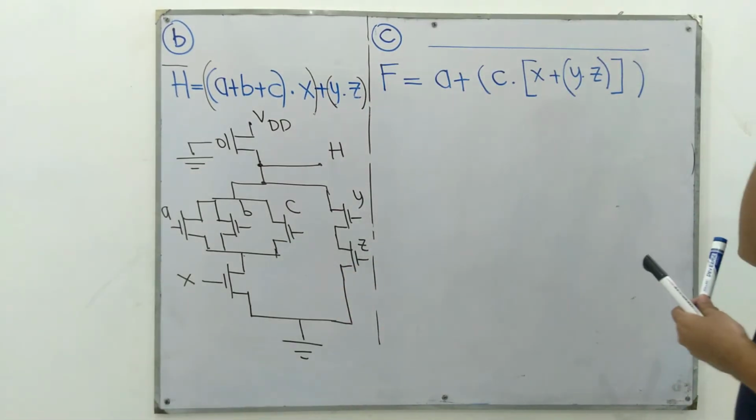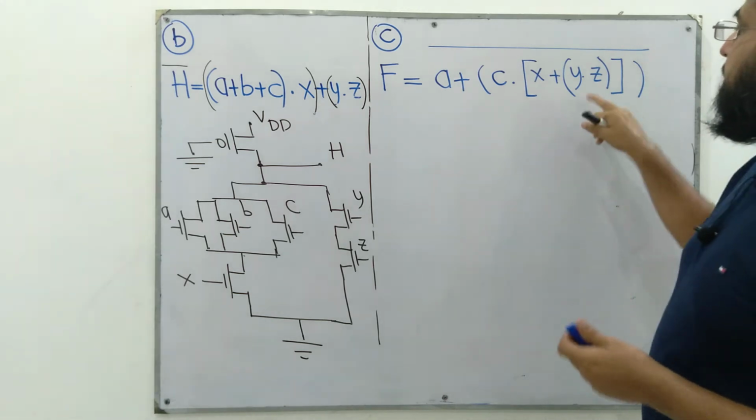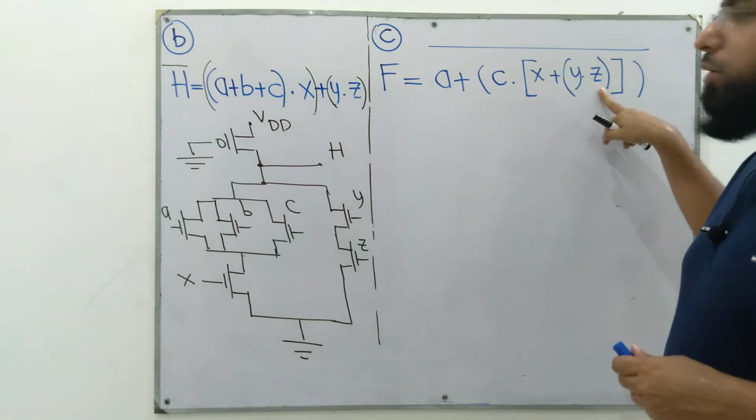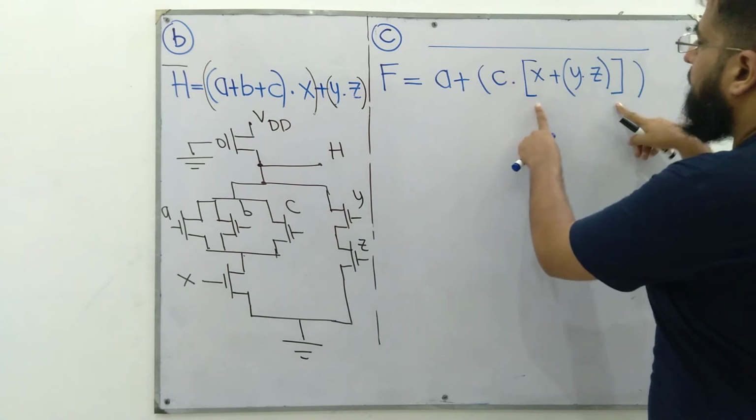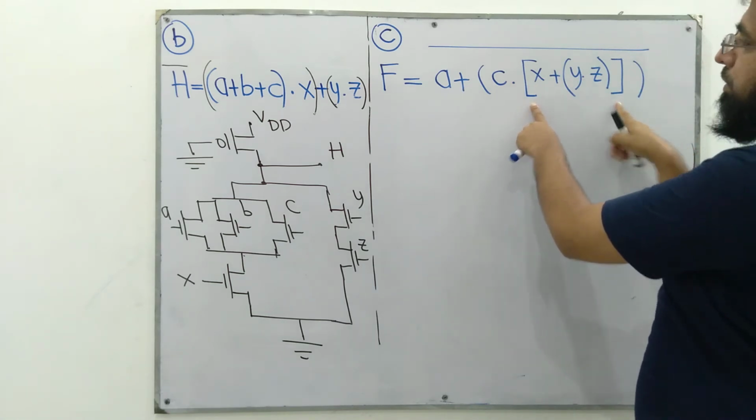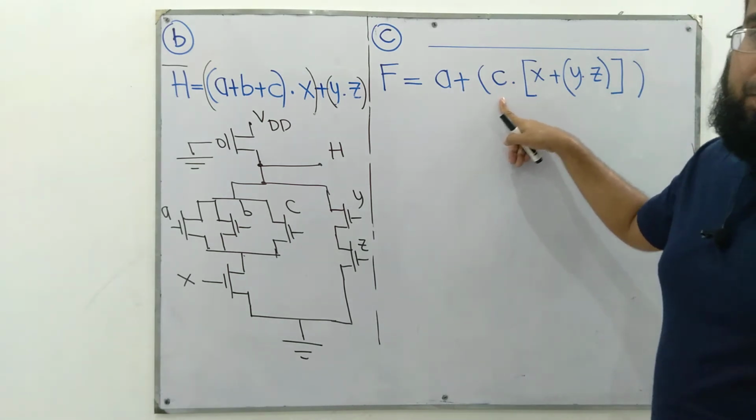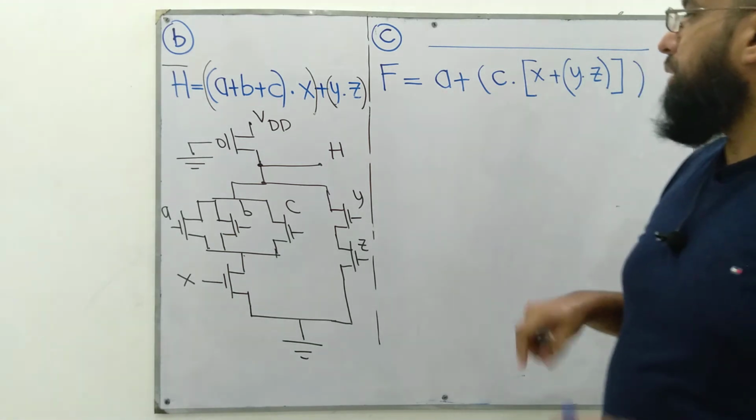So it's pretty straightforward. We'll first implement this AND operation, then this OR, because these are in brackets, they're higher precedence, and then dot C means AND C and then OR A.